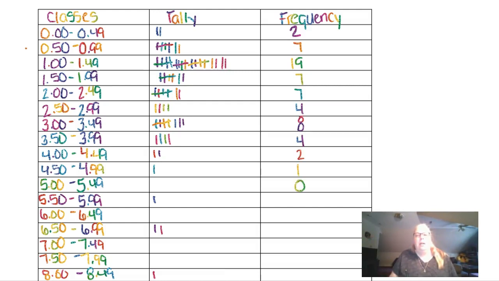There's nobody in this column. 1 here. There's nobody in this column. 2 here. Nobody in this column. Nobody in this column. And then 1 in this column.